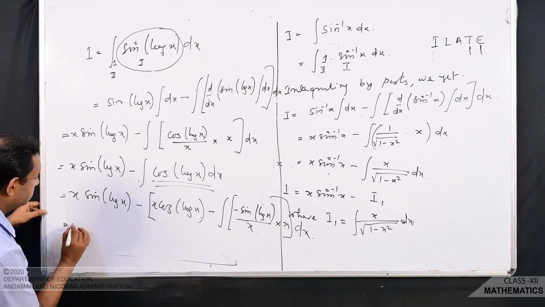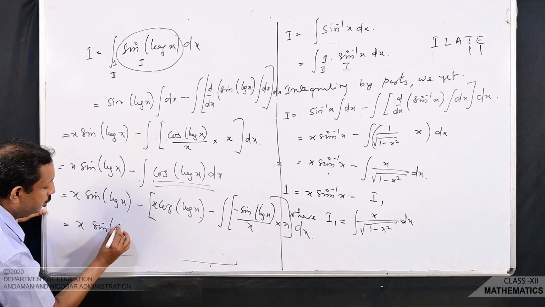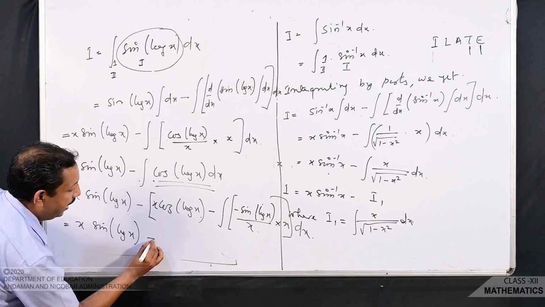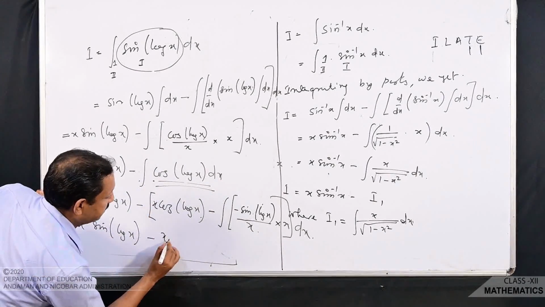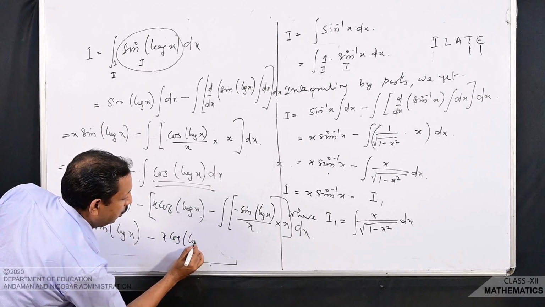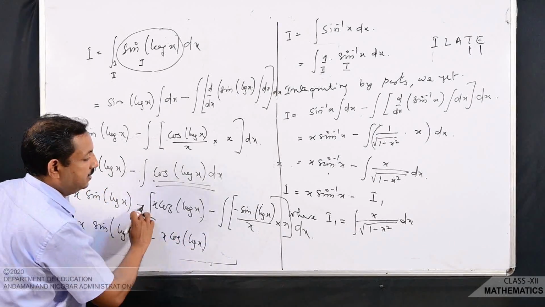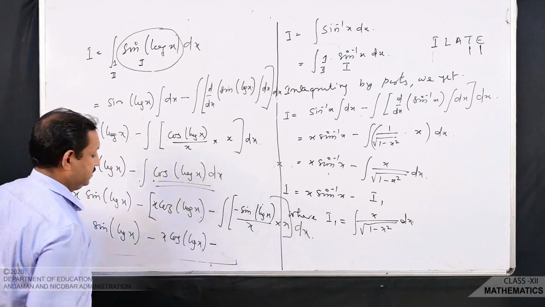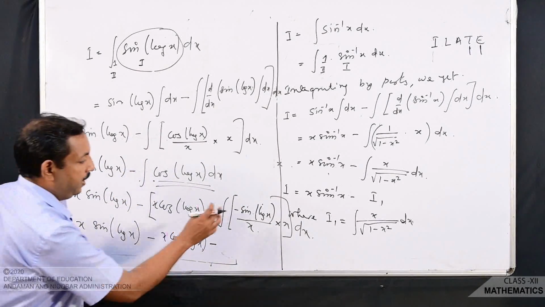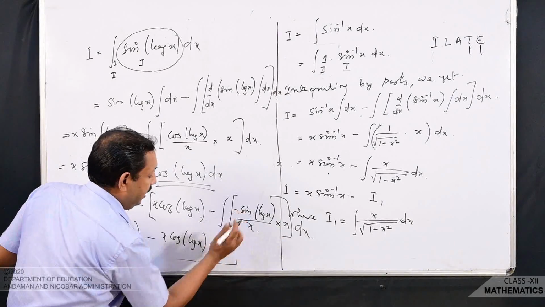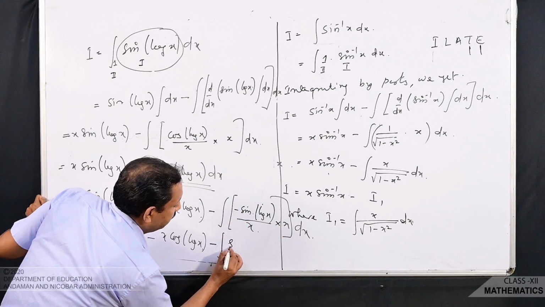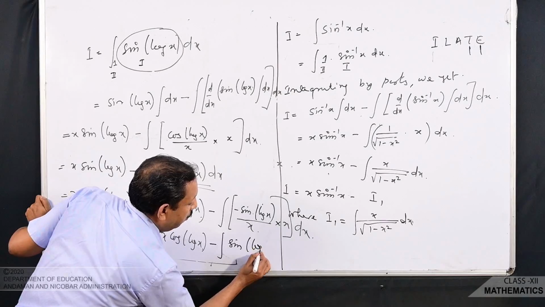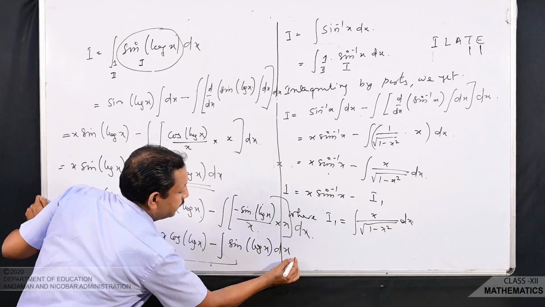So this equals x sine log of x minus x cos log x, and this minus gives you plus; once again you have the minus sign here, the x cancels, and you will have the integration of sine log of x dx.